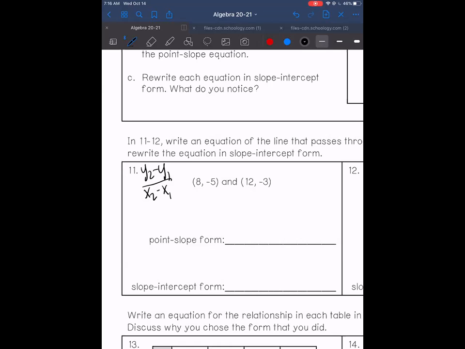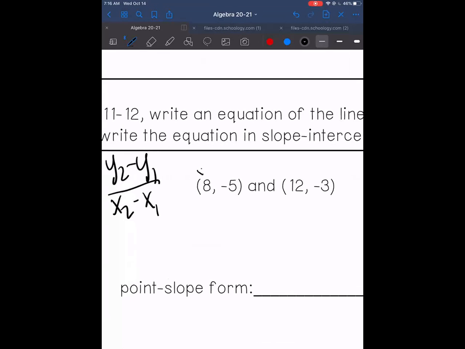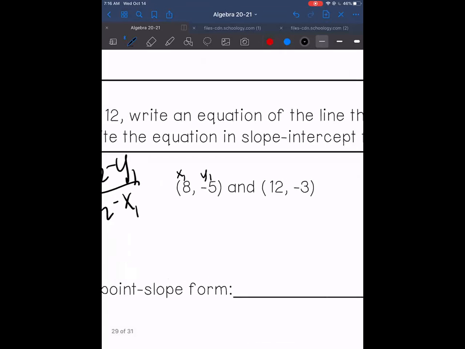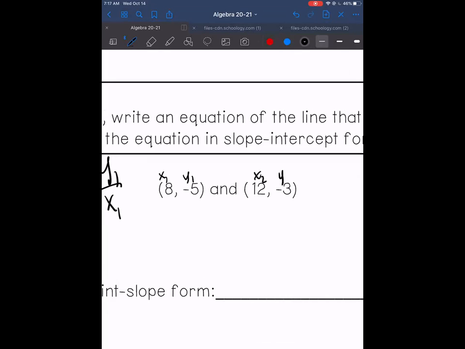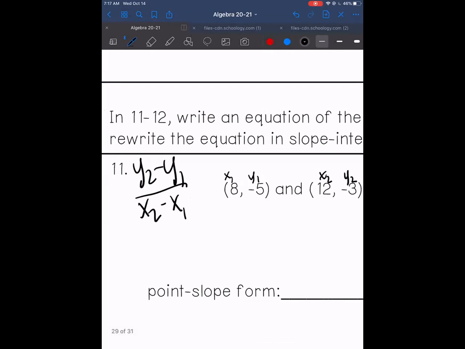So if that is our slope formula, I'm going to say this is x1, y1, x2, y2. So finding our slope.